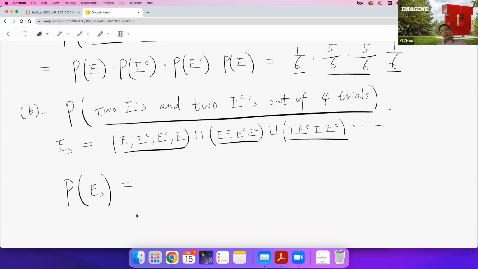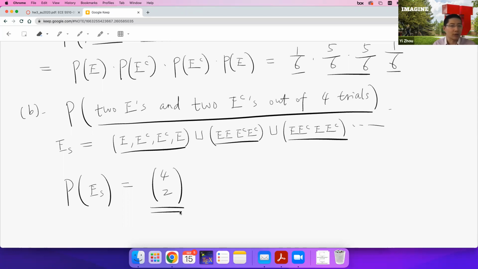Out of 4 trials, we need to see 2 E's and 2 E complements. I just need to choose 2 of these 4 positions to place the event E, and the remaining 2 positions will be E complement.